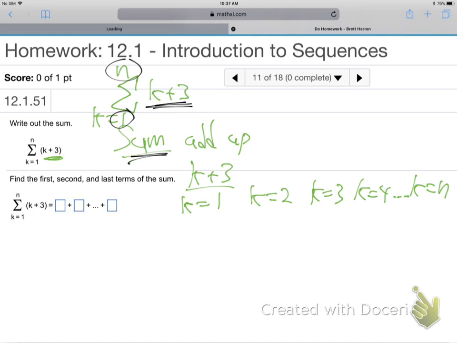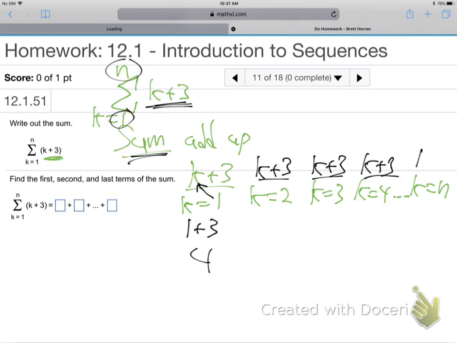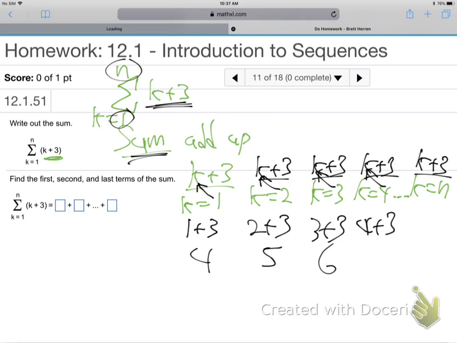So let's plug in 1. You get 1 plus 3, you get 4. Every time we're plugging into the formula k plus 3. Plug in 2, what do you get? 2 plus 3, 5. Plug in 3, 3 plus 3, 6. Plug in 4, 4 plus 3, 7.